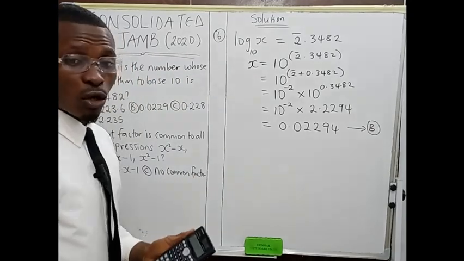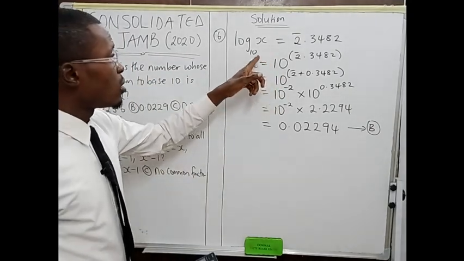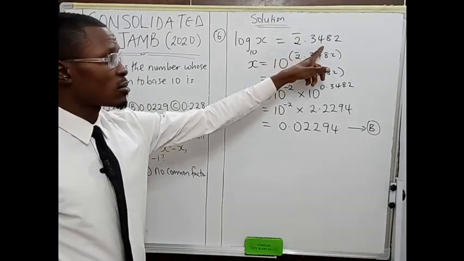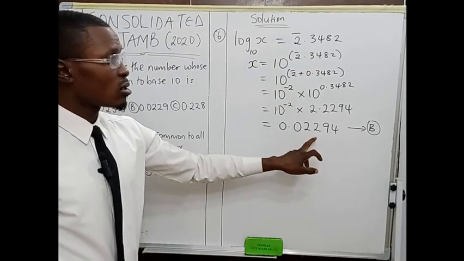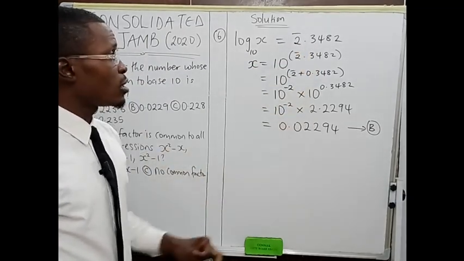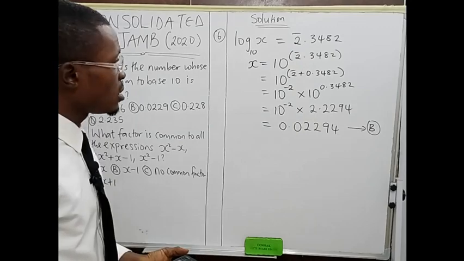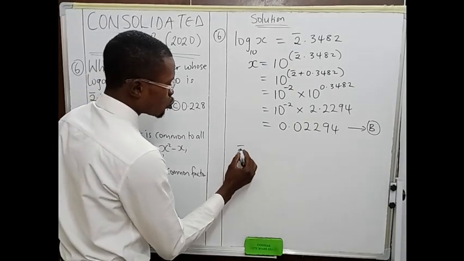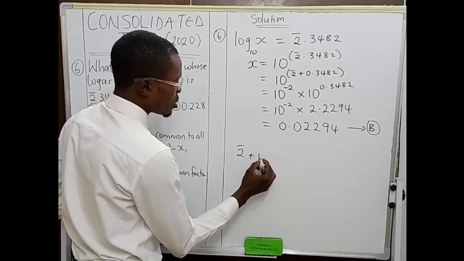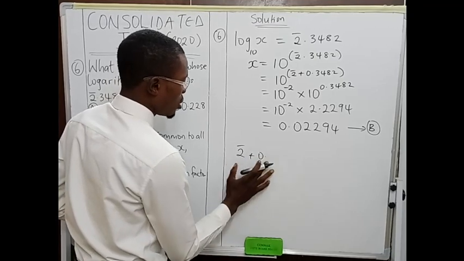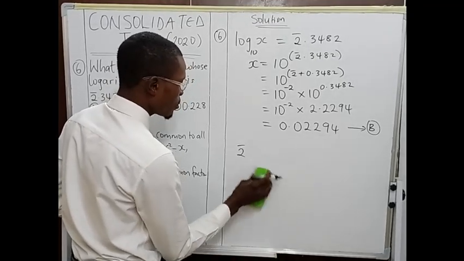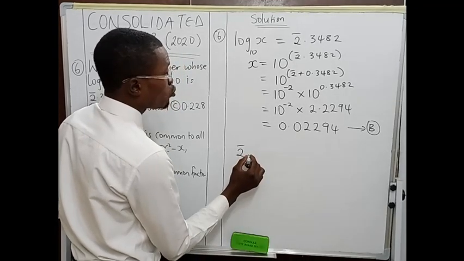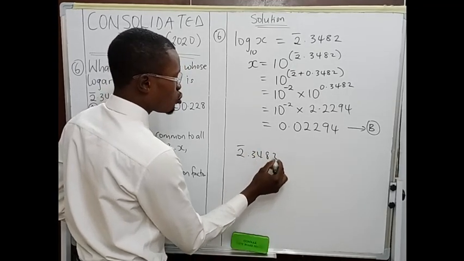Alternatively, we can use the log table. You find the anti-log of this to give you the same answer. How do you find the anti-log? You have bar 2.3482.